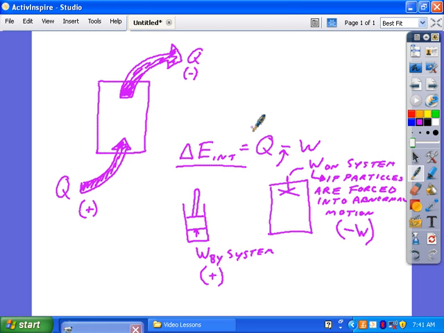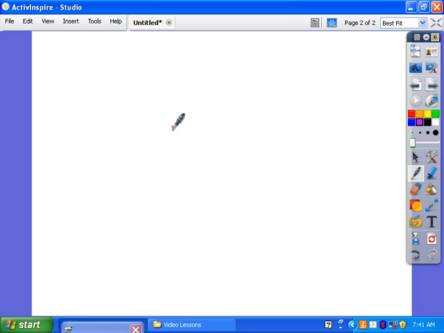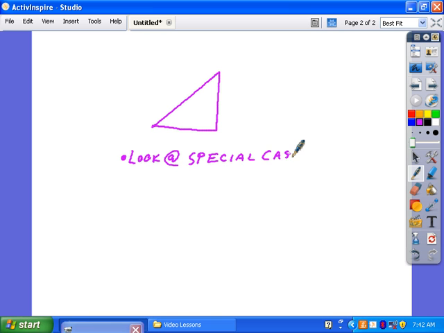Now, I know I'm also getting a lot of questions on the system where we've got that cycle the gas is going through. The key thing is, look at the special cases.